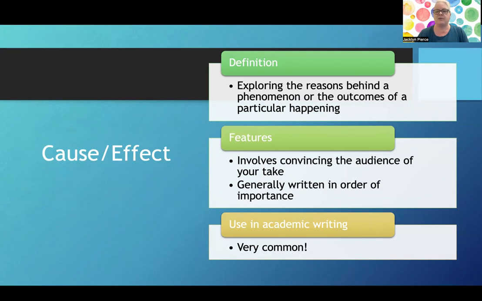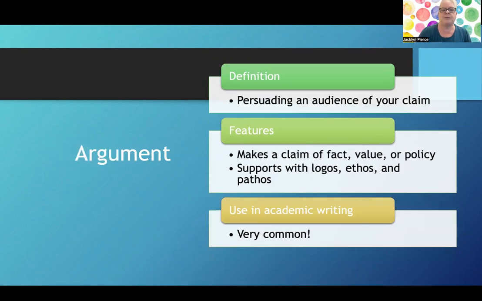And typically when we write a cause and effect, we are writing it in order of importance. I've mentioned before that usually when we're writing it in academic things, we're talking about either causes or effect. But there can be times when you are looking at both.